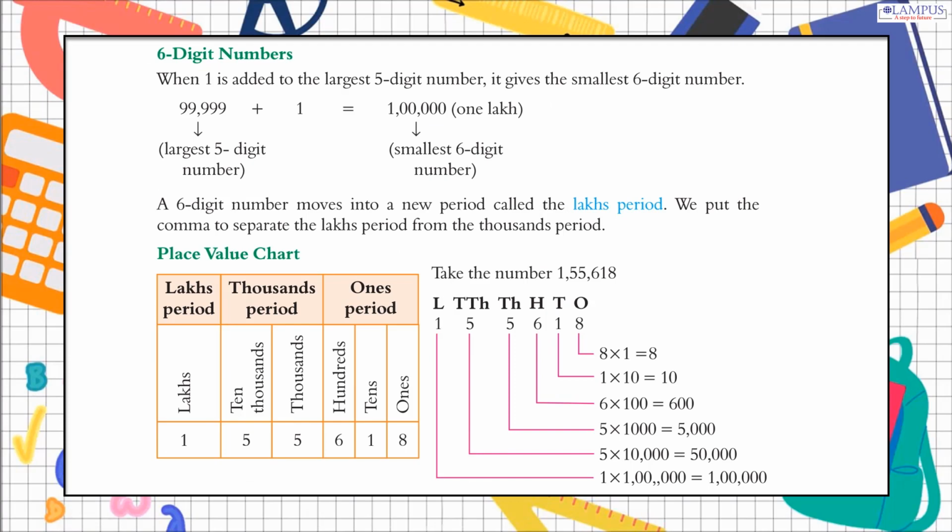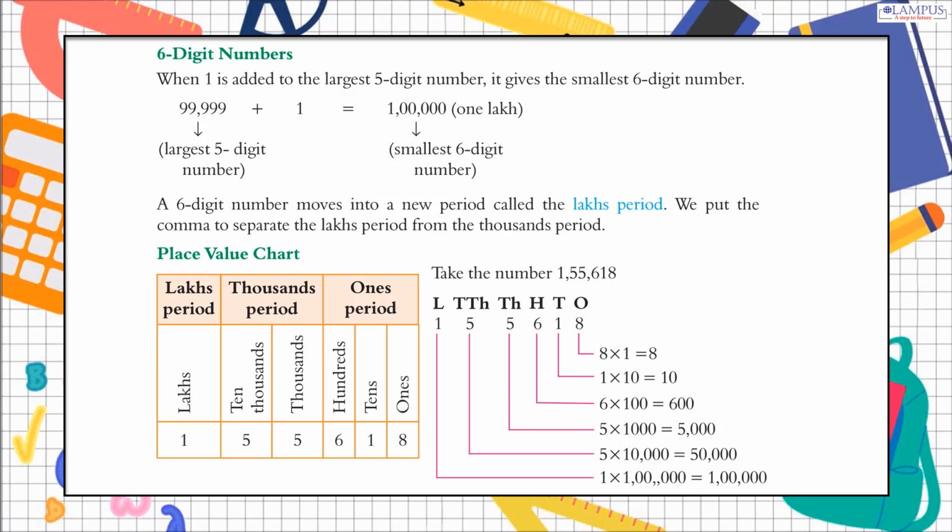6-digit numbers. When 1 is added to the largest 5-digit number, it gives the smallest 6-digit number. 99,999, largest 5-digit number, plus 1, smallest 6-digit number, equals 1 lakh.